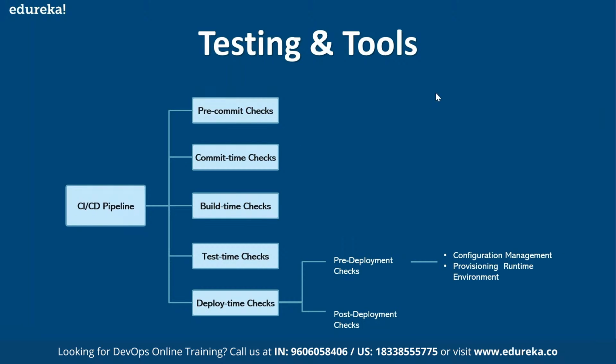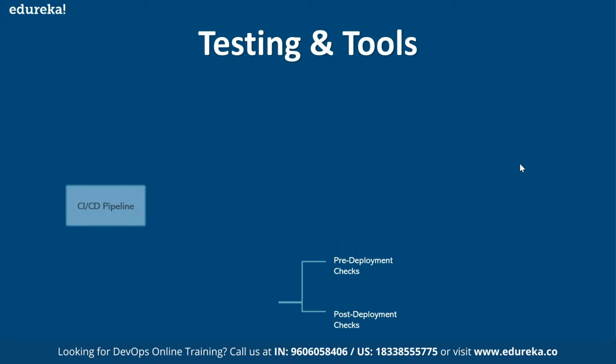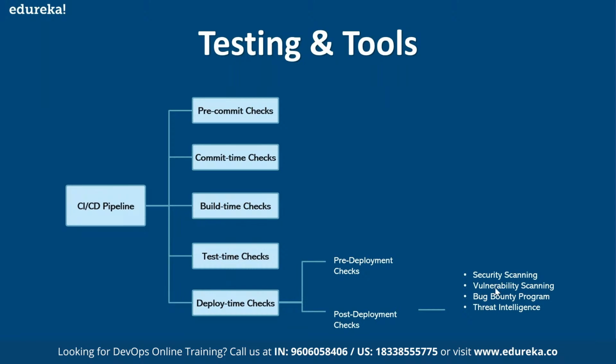On the cloud, right, guys? So we need configuration management testing also, because we are not aware where it's being hosted. It might have some security issues. Post deployment, we will have a bug bounty program, threat intelligence, vulnerability scanning, and security scanning. That is your application level scanning.